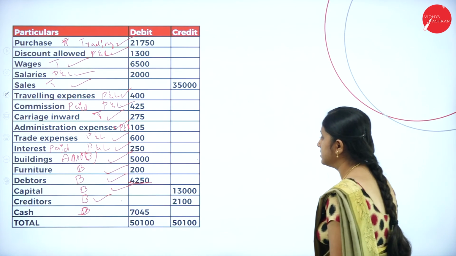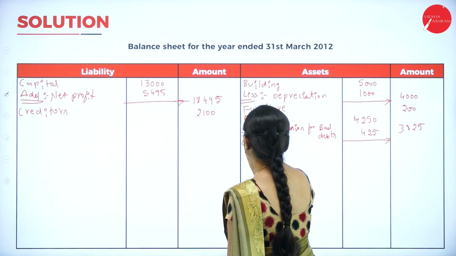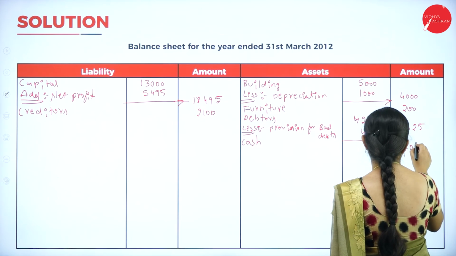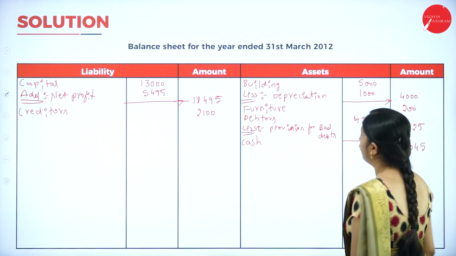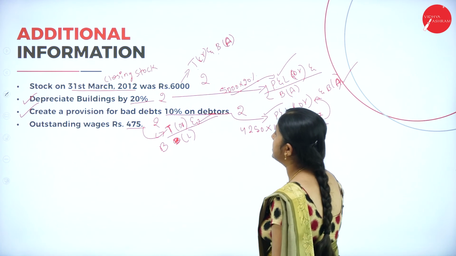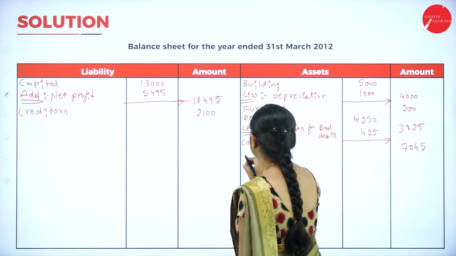So asset side, cash 7,045. Here we have closing stock, balance sheet, asset side. Closing stock rupees 6,000.